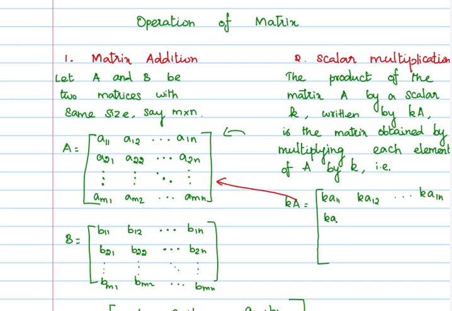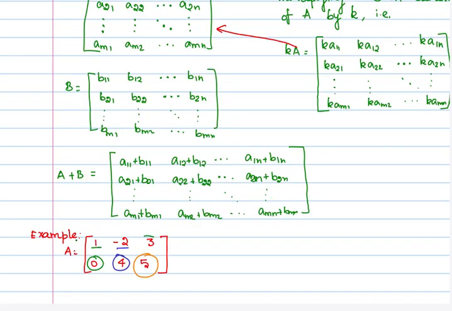Similarly here ka21, ka22, ka2n. Similarly ka_m1, ka_m2, ka_mn. So I simply multiply each entry by that scalar k.